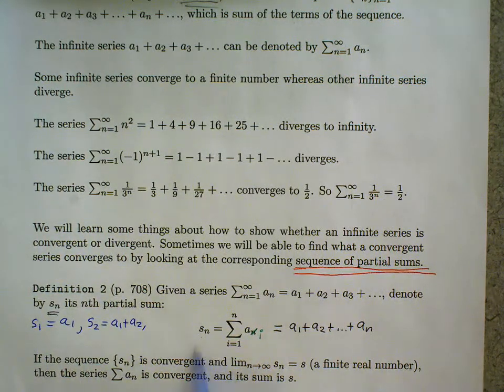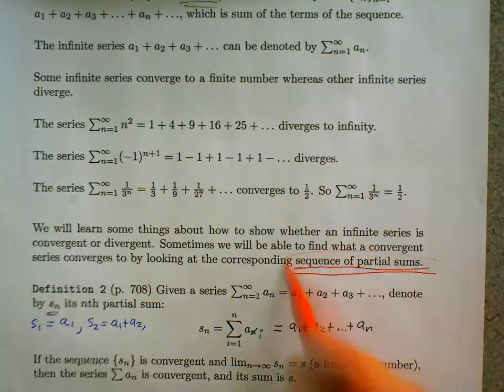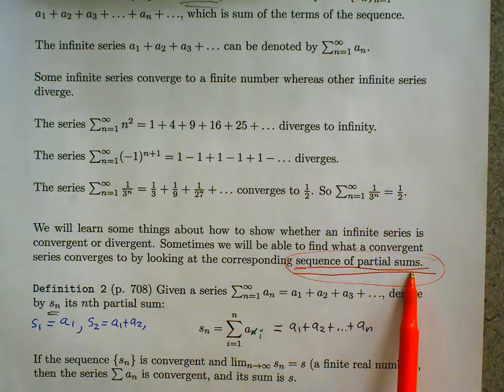So S sub n is the sum of the first n terms from the sequence a sub n. So make sure that you know that the sequence of partial sums is what S sub n is.